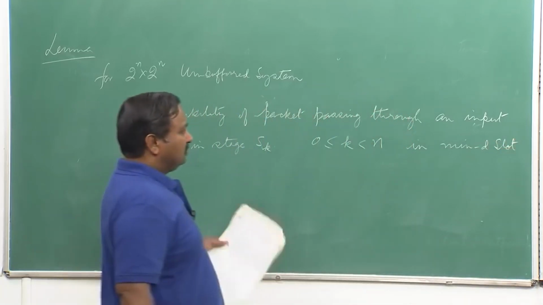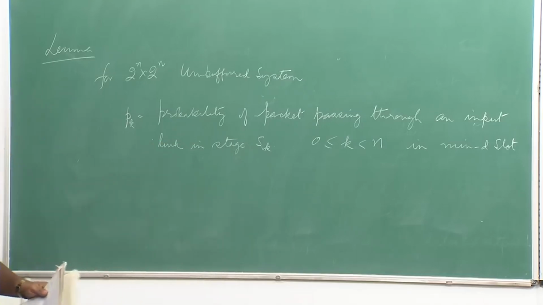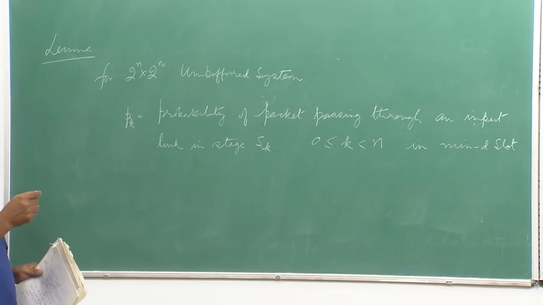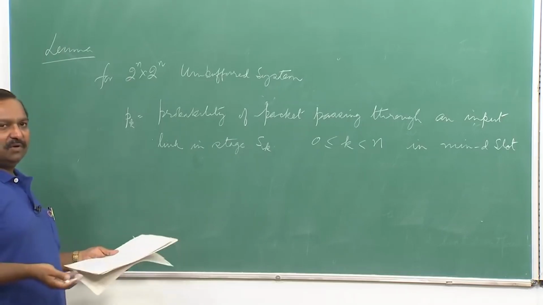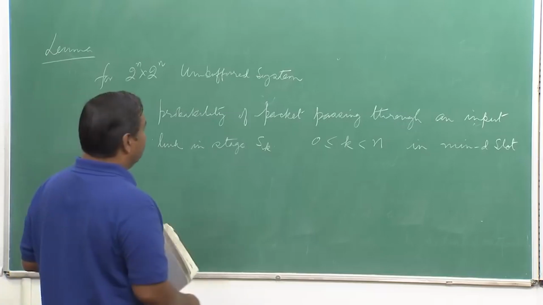I have explained why min d slots will be required: at every intermediate stage in a delta network the packet has to be held for a small time and then transferred immediately. So in fact there is technically no buffering. If there is a conflict, you simply drop the packet and let the earlier packets keep on coming in.